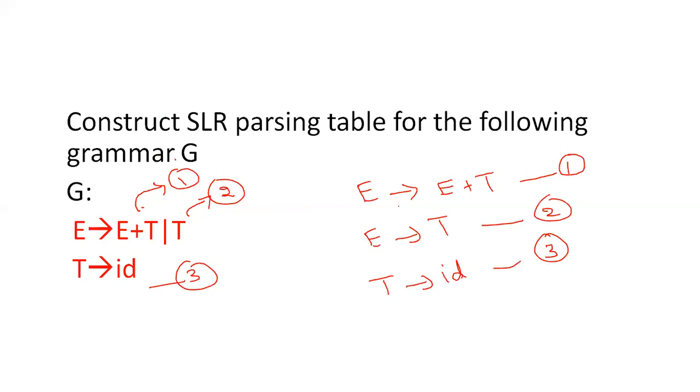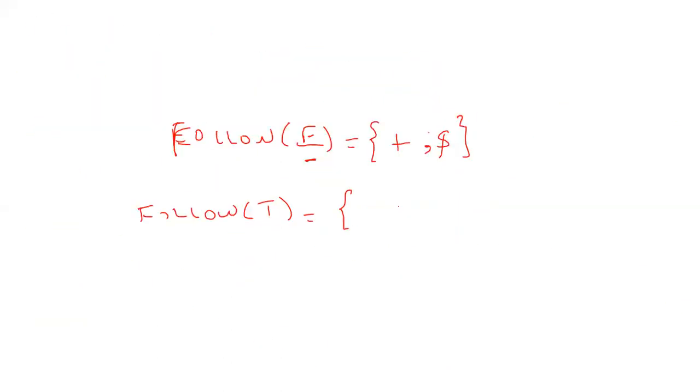In the given grammar, follow of T is equal to follow of E. And what is follow of E? Plus comma dollar.